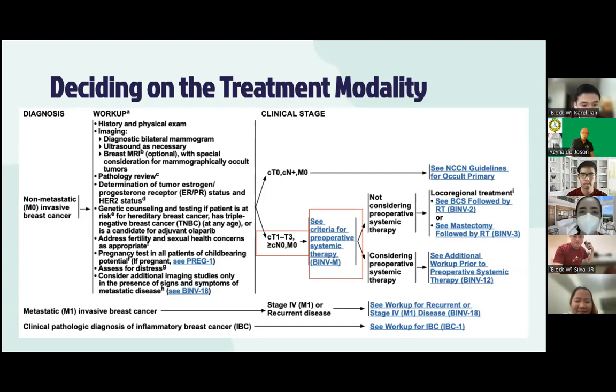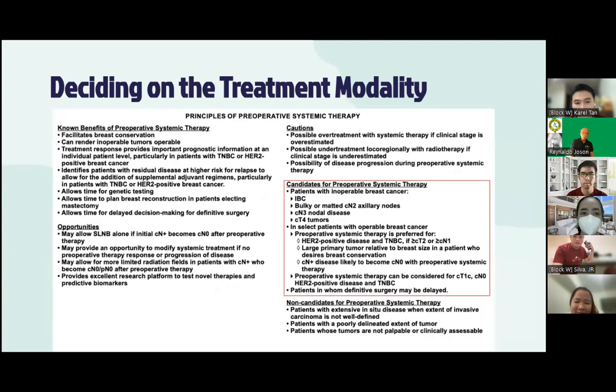Next slide, please. This slide shows the principles of preoperative systemic therapy. Our patient is a candidate. Shows that our patient is a candidate for preoperative systemic therapy because she has an inoperable CT4 tumor, and also at this point, since the patient is still stable, parang definitive surgery could also still be delayed naman po.